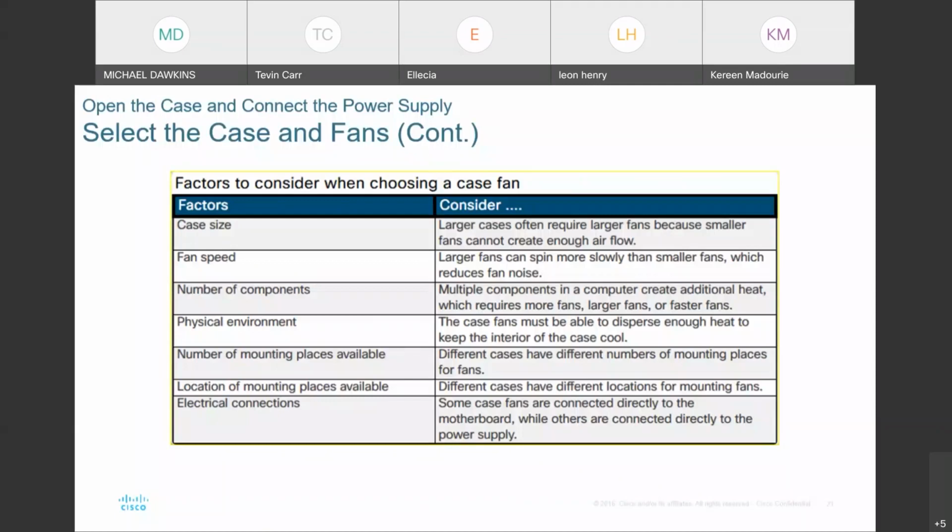They will place those fans at strategic locations on the case so that you can draw cool air into the case and also blow hot air out.